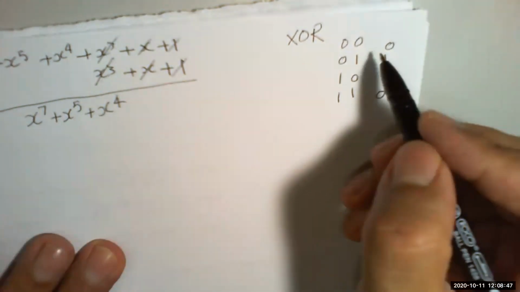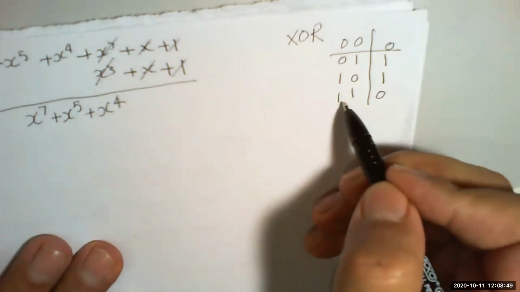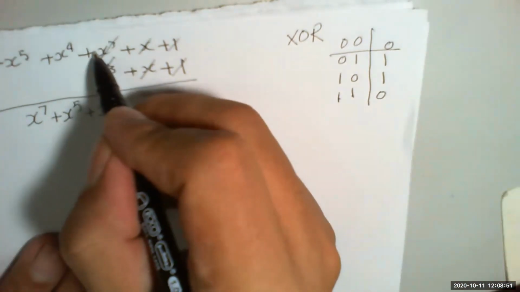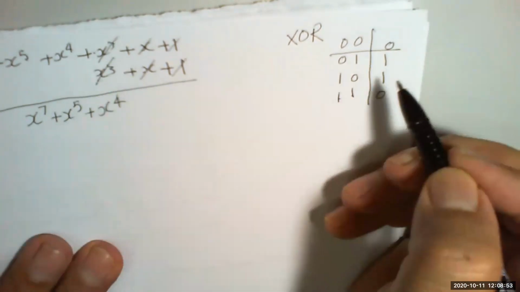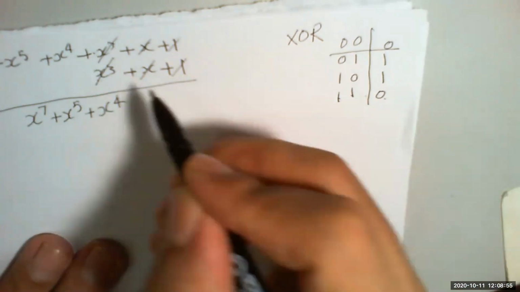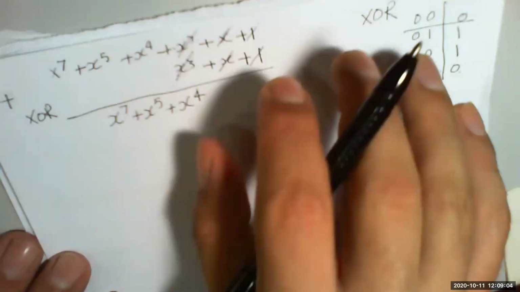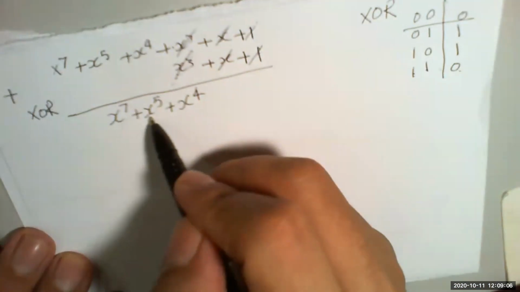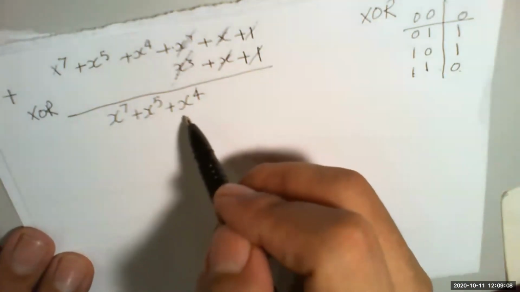So take care of this logic. So we have here 1 and 1, so the result is 0. So this will be removed together. x and x will be removed together. 1 and 1 will be removed together. So the result is x to the power 7 plus x to the power 5 plus x to the power 4.